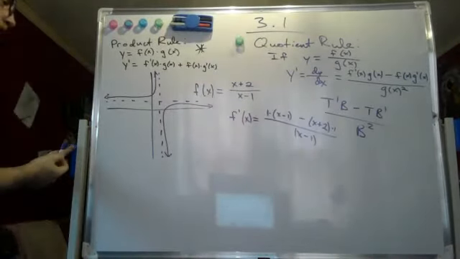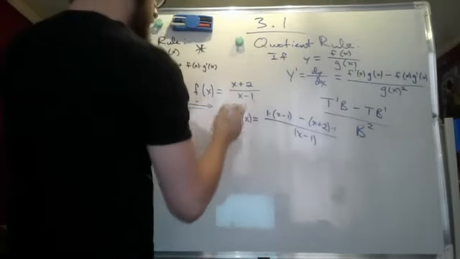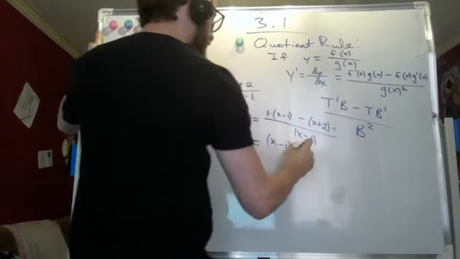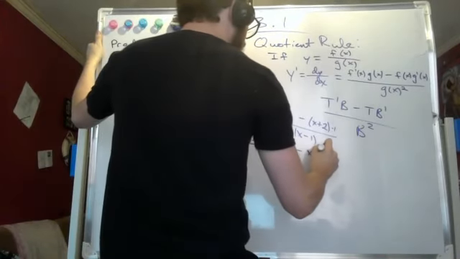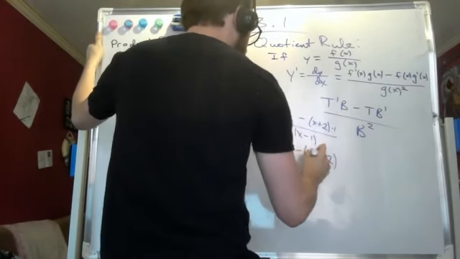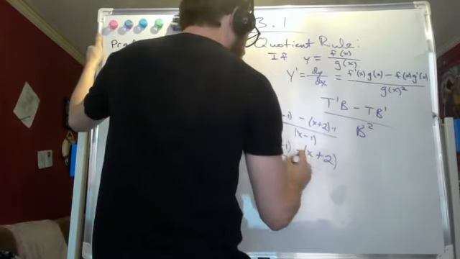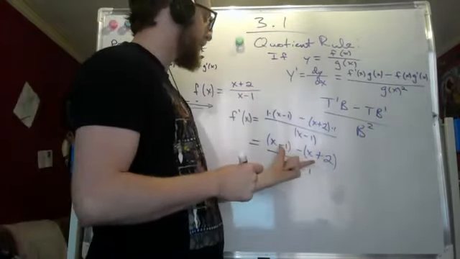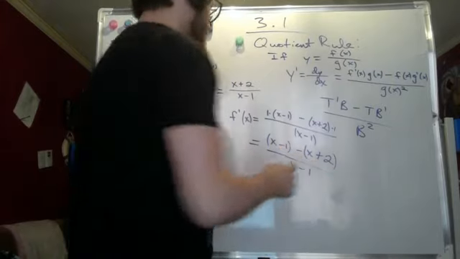So what else can we do? Well, we can finish multiplying this out, and we're going to have x minus 1 minus x plus 2 in parentheses here, divided by x minus 1. Now I could distribute the negative here, then try to combine these guys in the top.